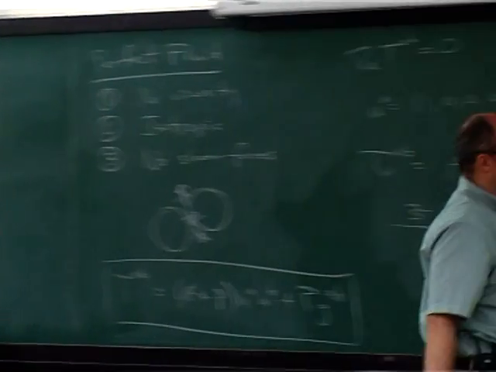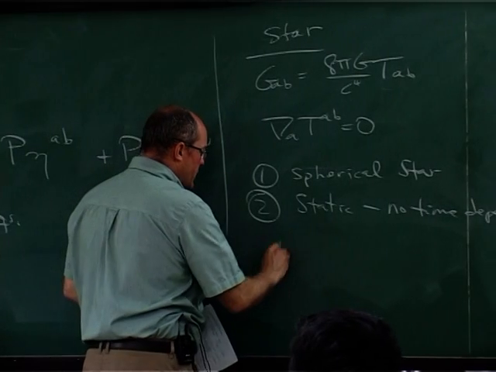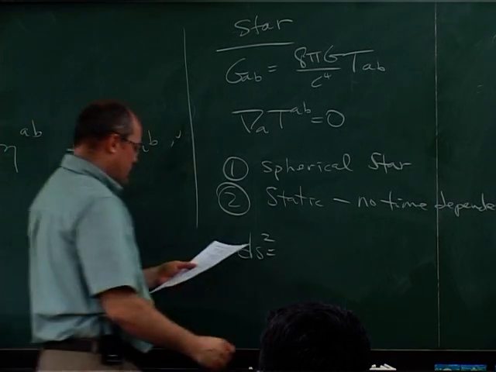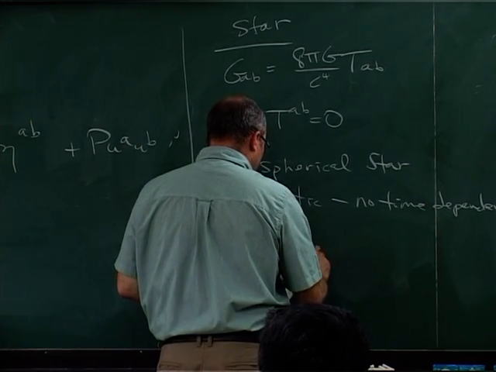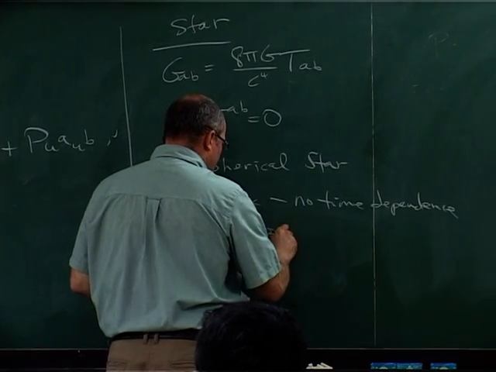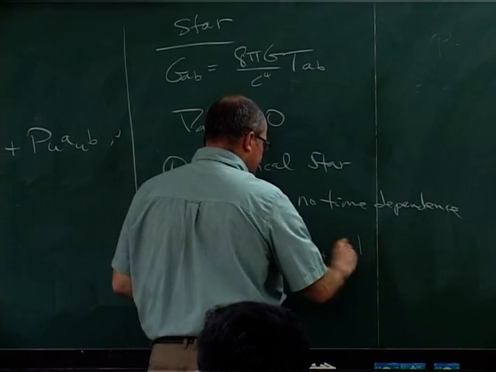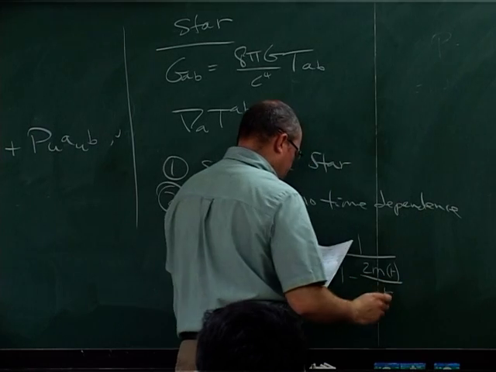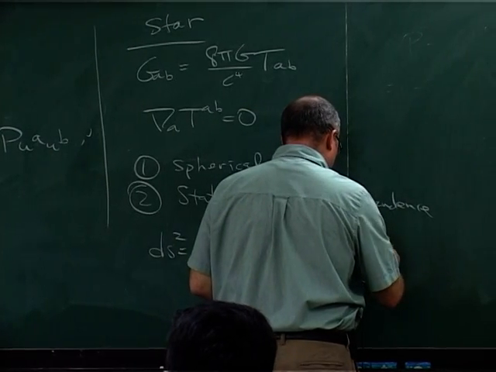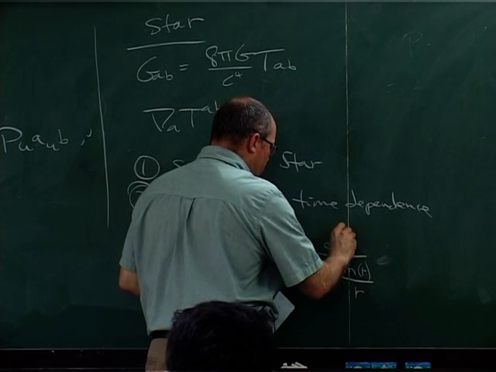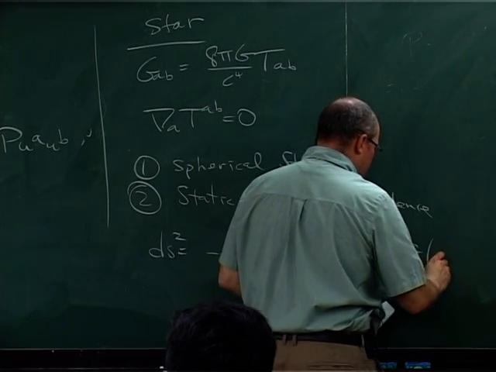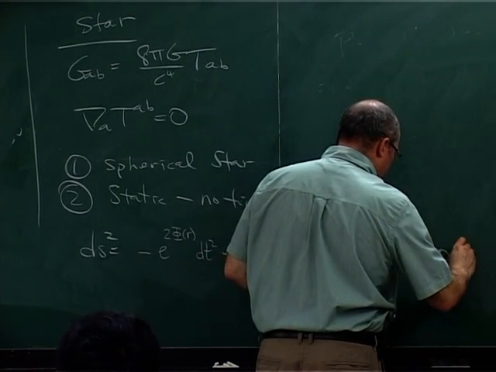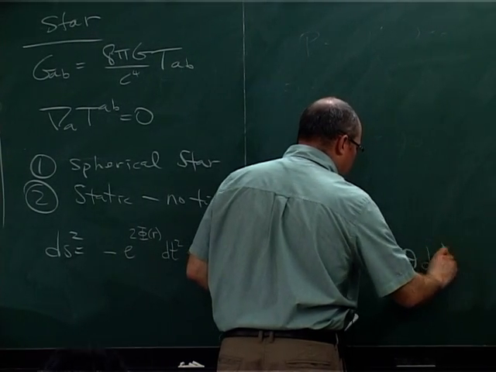If I take these 2 assumptions and I think about the most general space-time that I could write down that is both spherically symmetric and static, I come up with a space-time that looks like this. Here I'm choosing a particular way to write the angles.